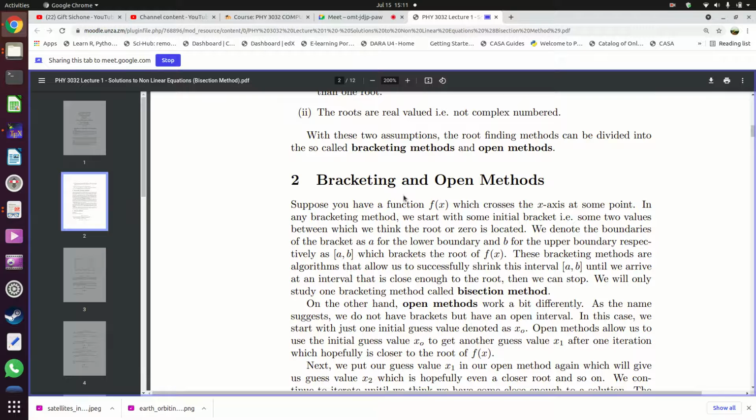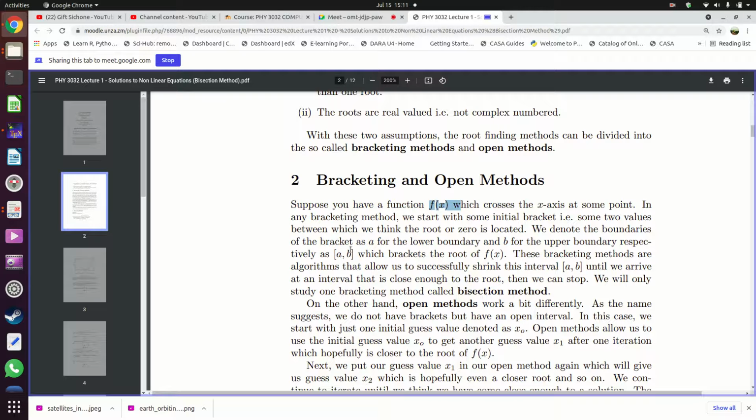Now, when you talk about bracketing methods, basically what you are doing is you have a very good idea that this particular function you're interested in, f of x, cuts the x-axis somewhere at some point. So what you do is that you choose a bracket. This bracket is going to have a lower end, it's going to have an upper end.